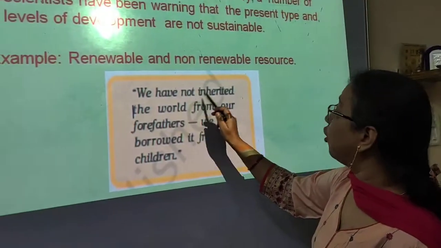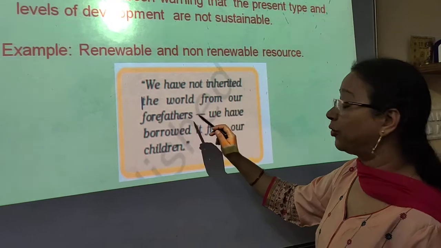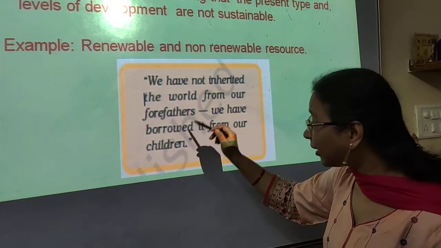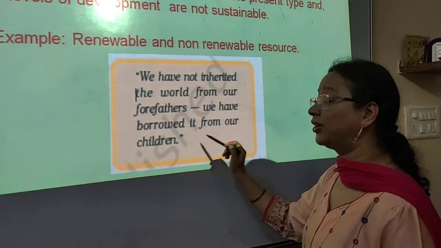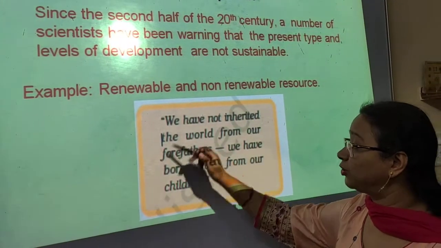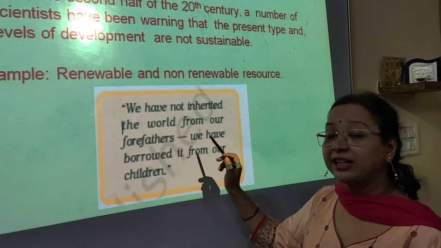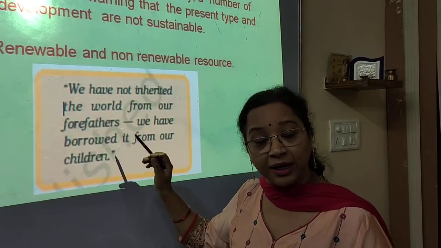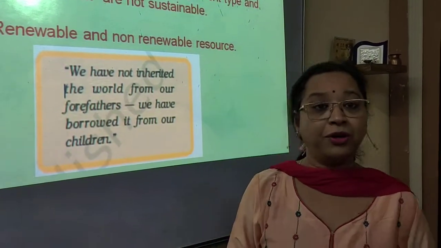So therefore, it is also said, look at this quote, we have not inherited the world from our forefathers, rather we have borrowed it from our children. Who are the children? This is the future generation. From this we can understand that whenever we borrow anything from someone, what is our duty?